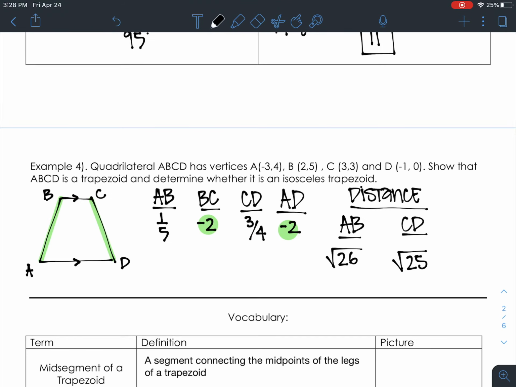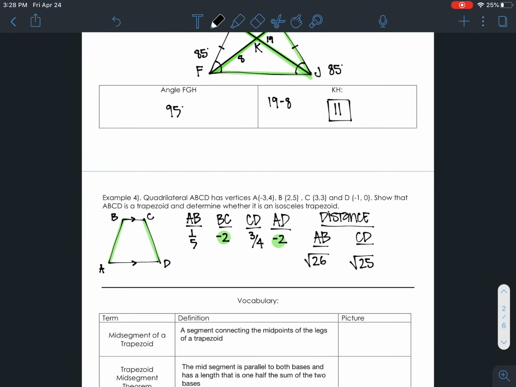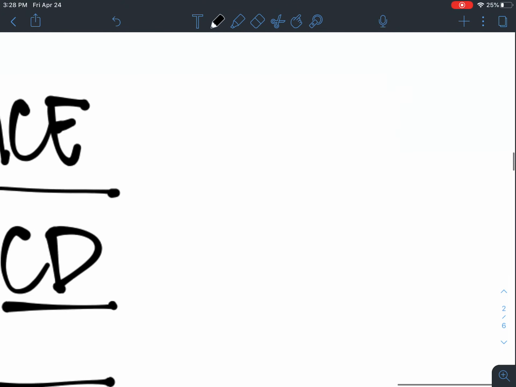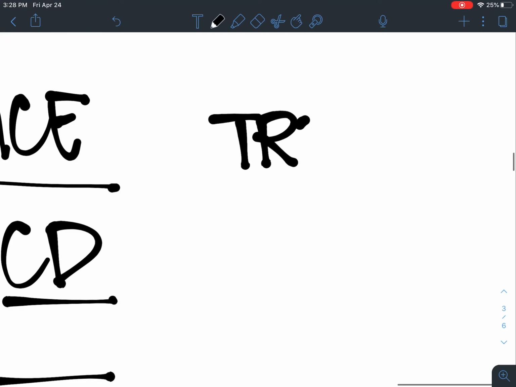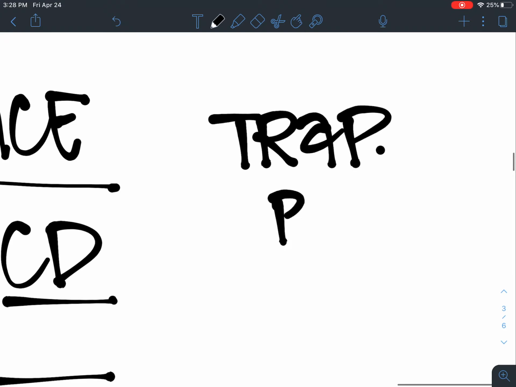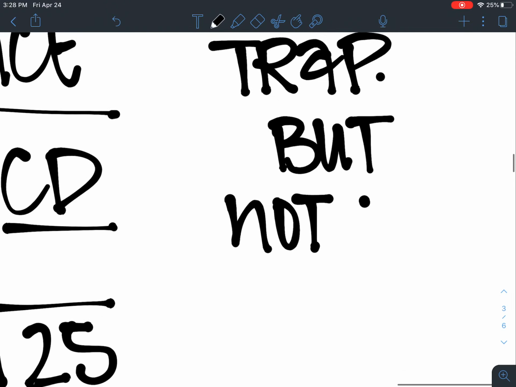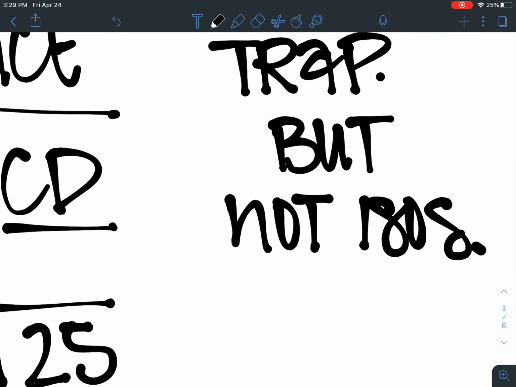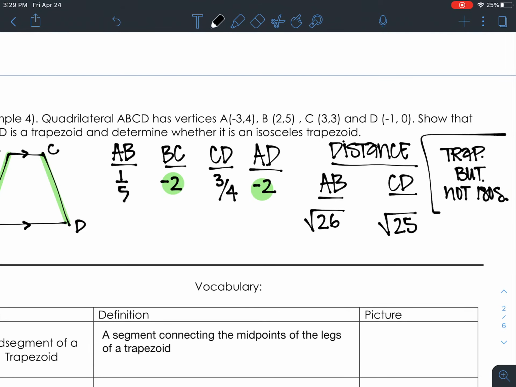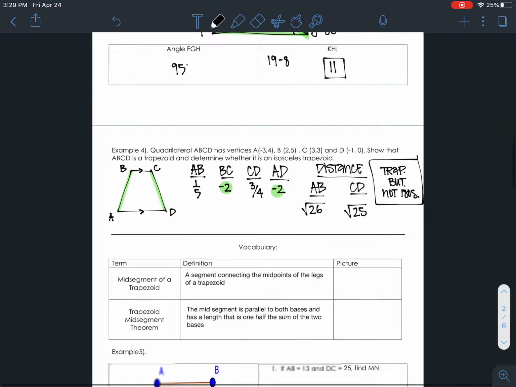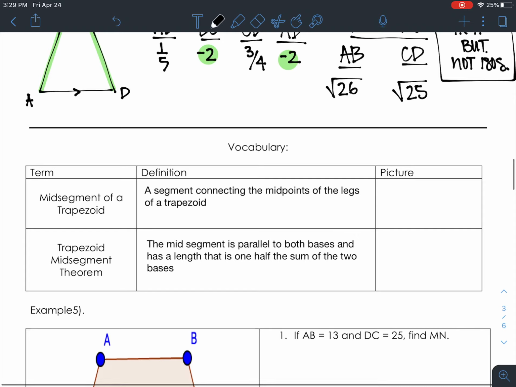Either way, we can see that they're not congruent, which means that this quadrilateral is a trapezoid, but it's not isosceles. If those two distances matched, then it would be isosceles. But this is our final answer. I'm going to pause there and then come back for the rest of that vocab.